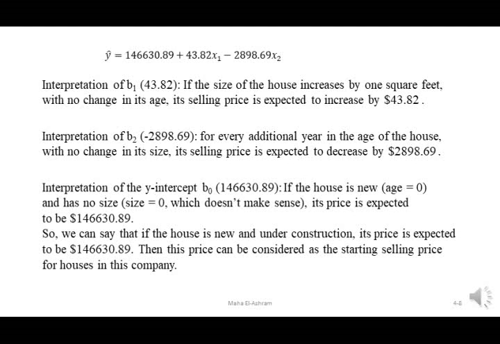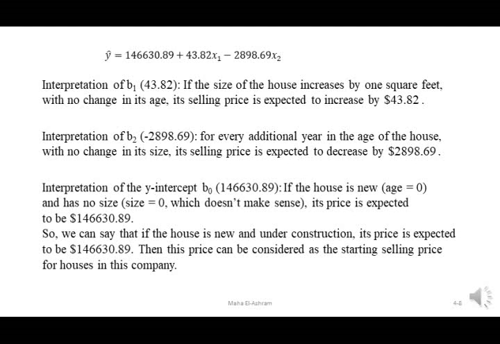So now let's see in our case. x1 is the size of the house in square feet, and x2 is the age of the house. If I want to interpret b1, which is 43.82, I'm going to say that if the size of the house increases by 1 square foot with no change in the age of the house, the selling price is expected to increase by $43.82.